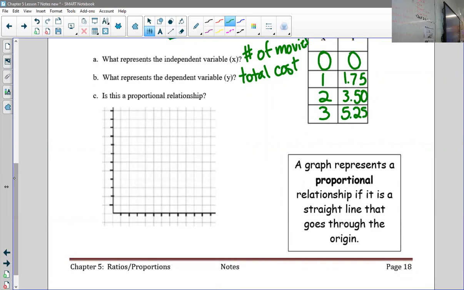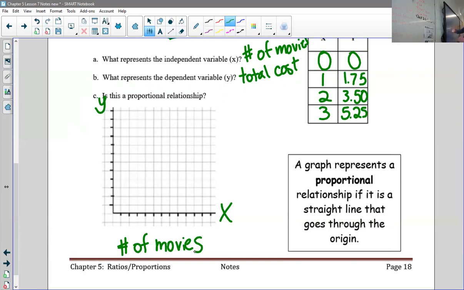So when we decide to make our graph, I'm going to label that the x-axis, and I'm going to label this the y-axis. Again, our independent variable is represented on our x-axis. So I'm going to label this with our independent variable, which is number of movies. Our dependent variable always lies on the y-axis.